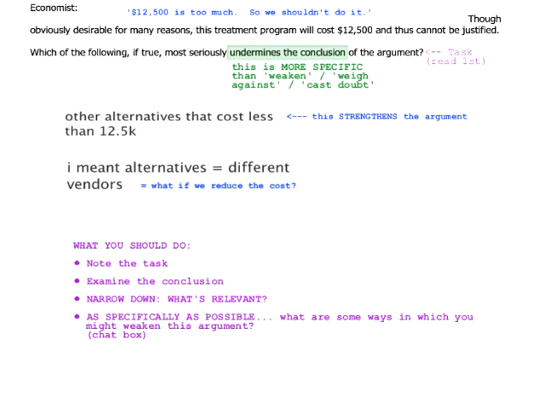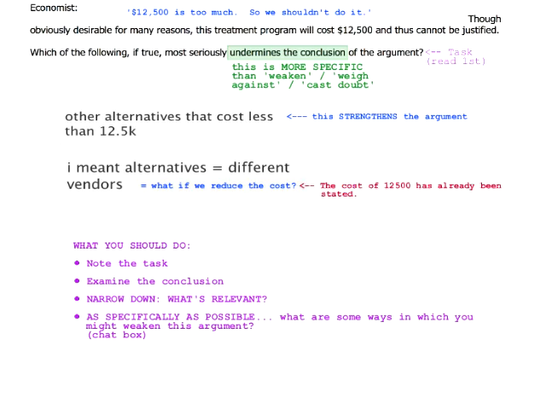When they weaken and strengthen arguments, they come at the argument from an angle that has not yet been treated. So if you theoretically had something that said we can get the cost to go down, that would probably work, but that's not how this test works, right? Because the cost has been stated as a fact. So you're not wrong about this, it's just not how this test works, because the cost of $12,500 has already been stated.